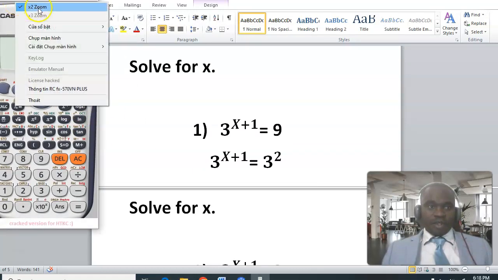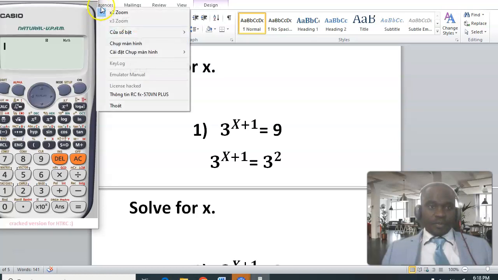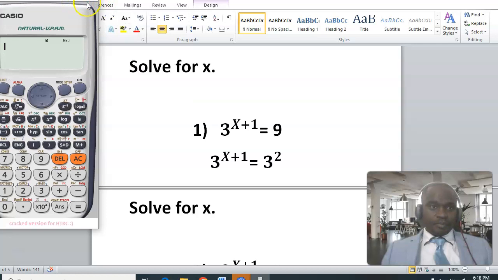Now we have our calculator here. Let me bring it to this side.